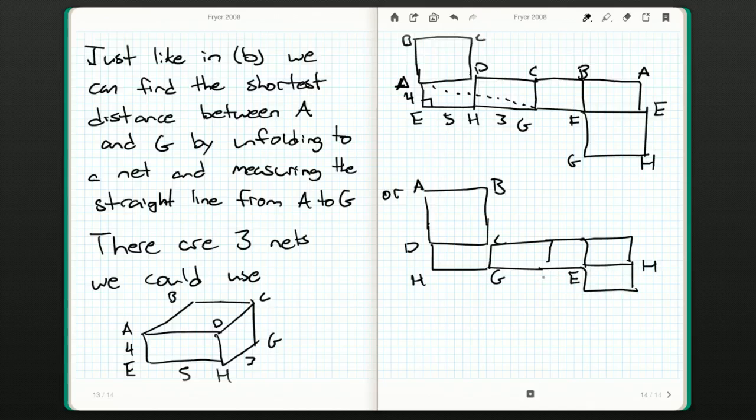H, and that would be E, F. You don't have to fully label it, I'm just choosing to. A, D, E, F, G. So that would be a 5, 3, and a 4. Okay, so that's an 8 by 4. Oh no, we already have the 8 by 4 triangle. Oh, 5, 4, and a 3.